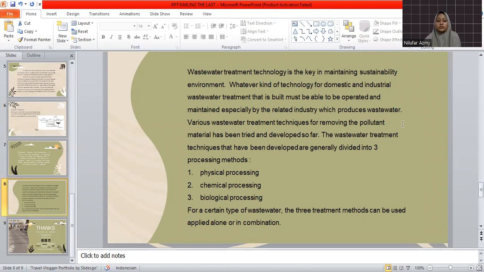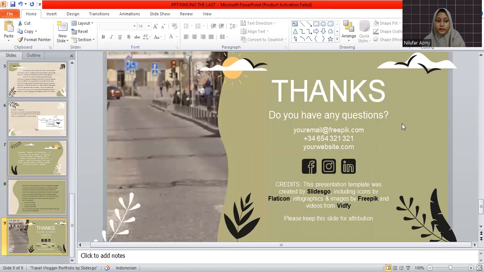For a certain type of wastewater, the three treatment methods can be used alone or in combination. The following is the result of my summary.